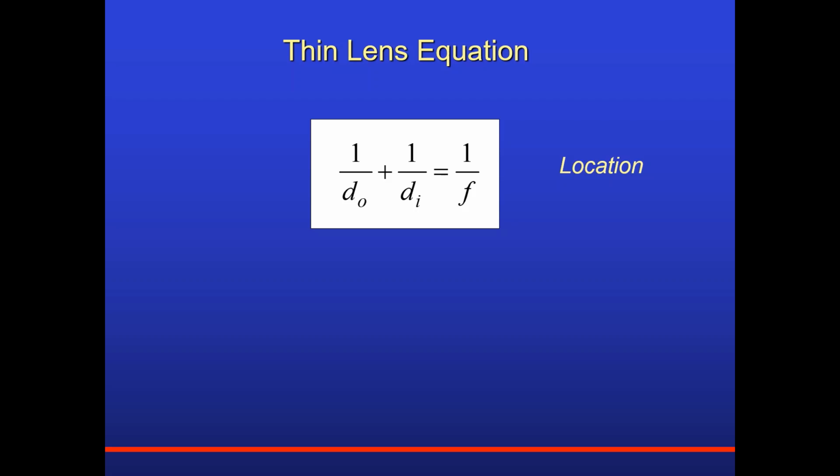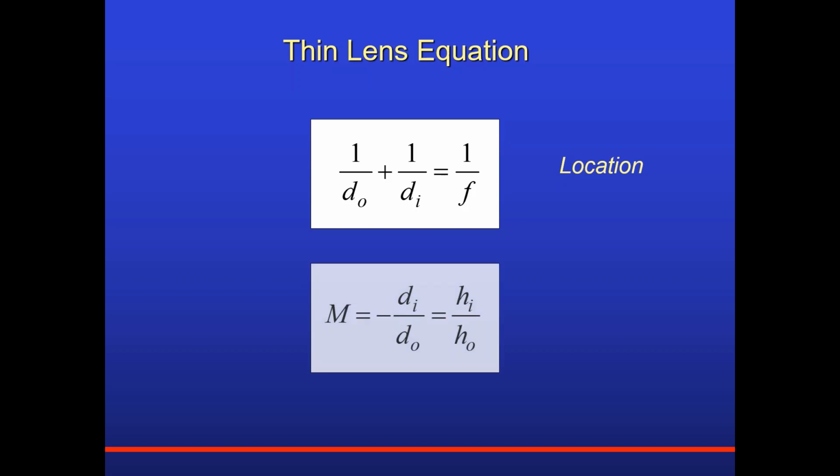Now there's another equation that's very important we'll be using. This one right here. Capital M equals minus di over do. That's equal to hi over ho.